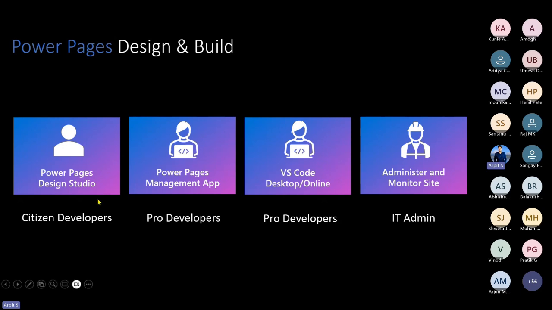This Design Studio is basically for citizen developers, where they can simply drag and drop controls and components to create the website. The Power Pages Management app is a model driven app, and this is basically for the professional developers, where you can do more things compared to the Design Studio. Microsoft is focusing more on the Design Studio because it is a new way of developing the portals.